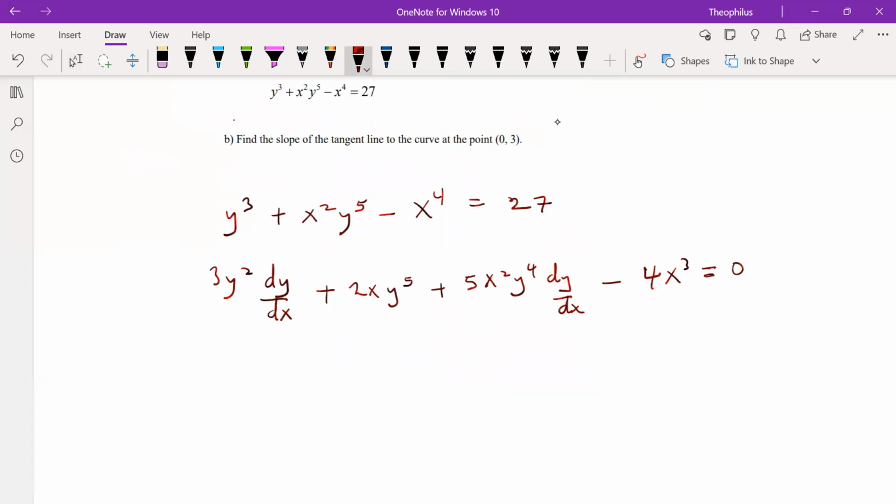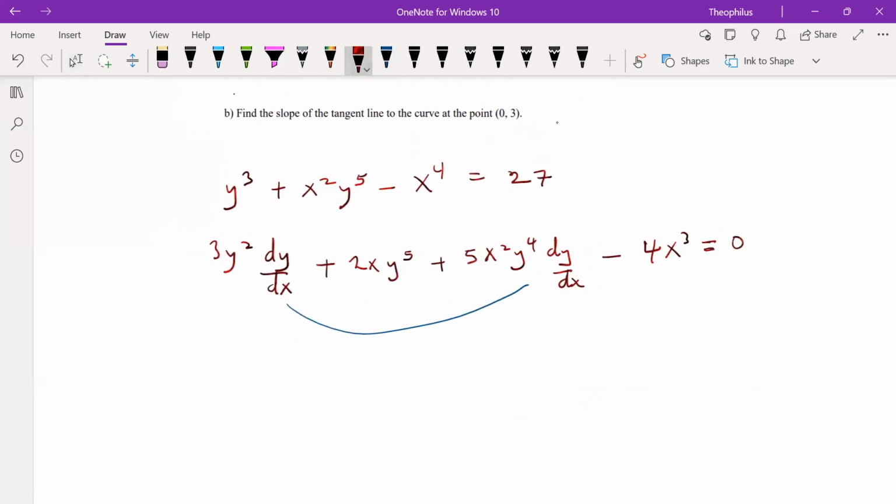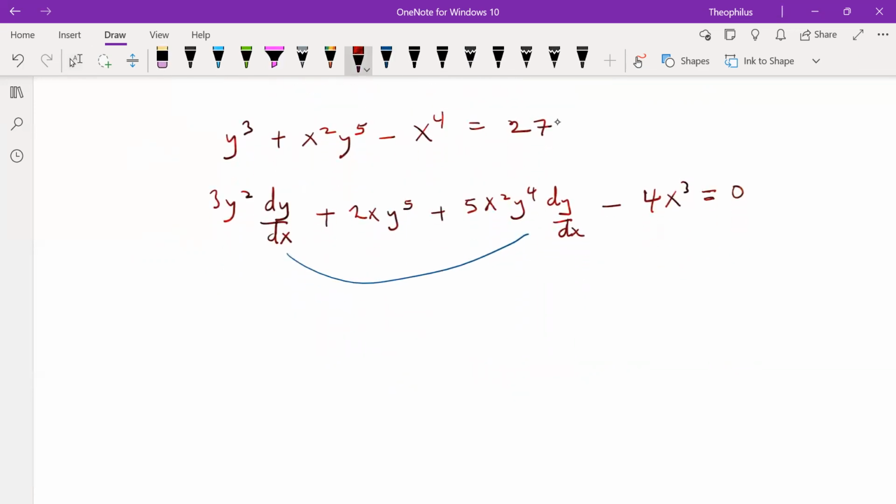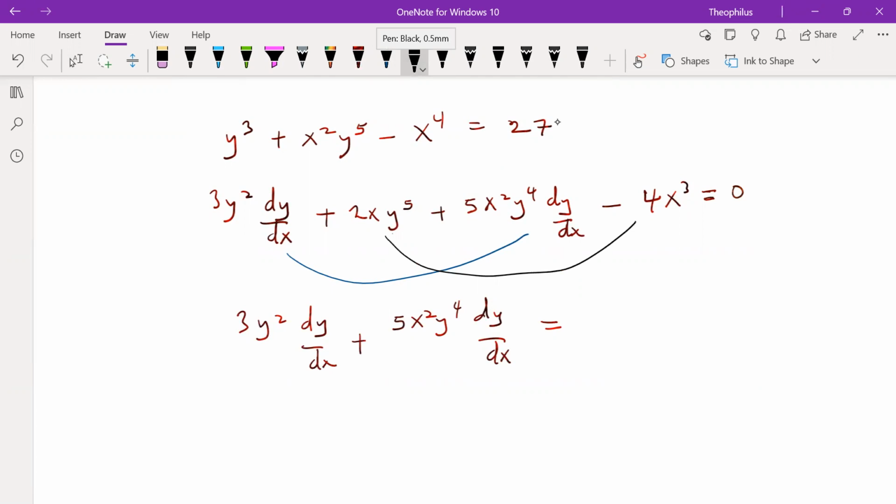Now, what we do is group the dy/dx terms together. By grouping them, we have these ones together, so we can just group them. Then we try to move these two terms to the other side.